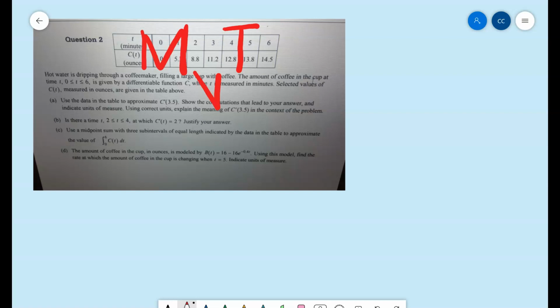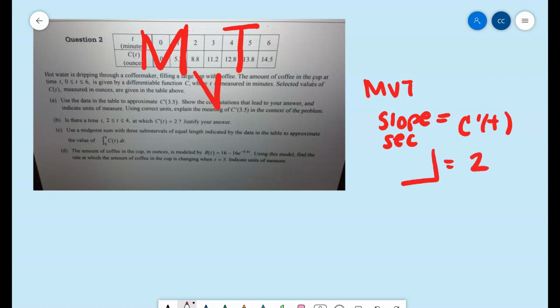MVT says the slope of the secant equals the derivative at that point. So in this case, we're saying the derivative at that point is equal to 2. So we want to know, does the slope equal 2?